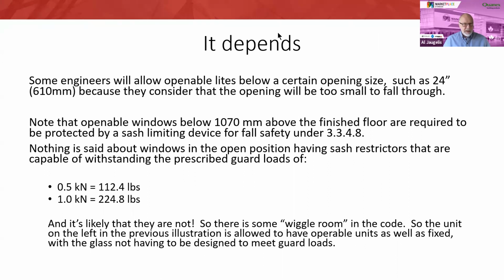Would that also apply in a residential suite? And that's where part 9 doesn't tell you it would have to apply in a residential suite, but an engineer who was working on the project may say that, yes, this is a condition where there's more than 600 millimeter drop and the windowsill is below the guard height. So this window does need to resist the guard load.